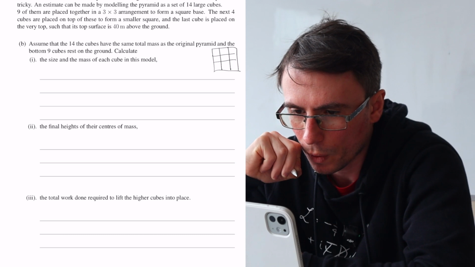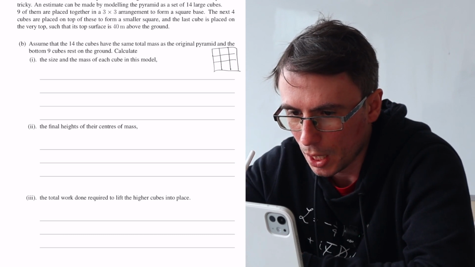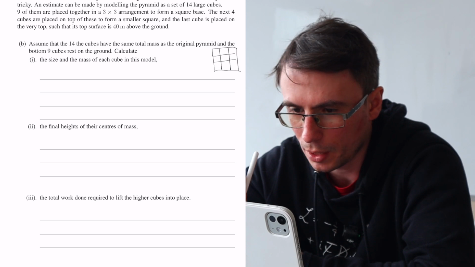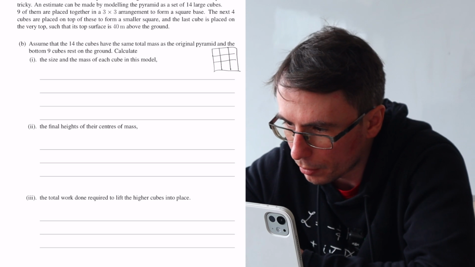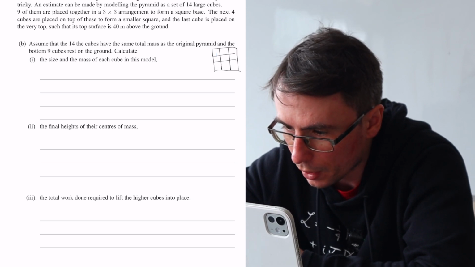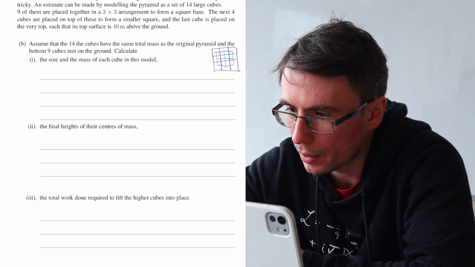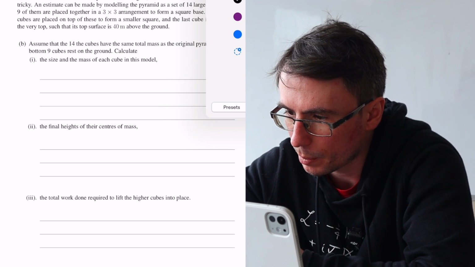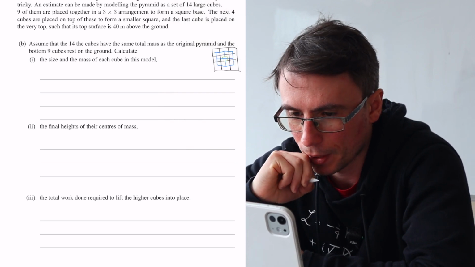The next 4 are placed on top of these to form a smaller square. So we are going to have another 4 kind of here, and the last cube is placed at the very top. Okay, so that's probably going to be right in the middle, something like that.